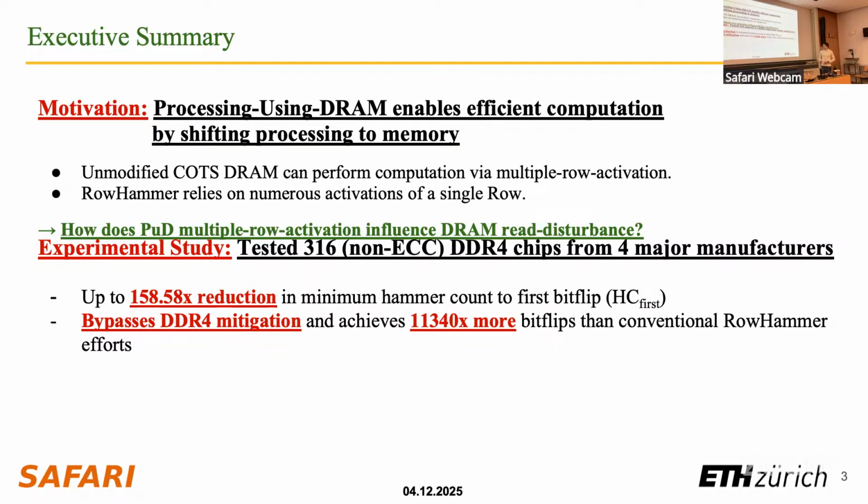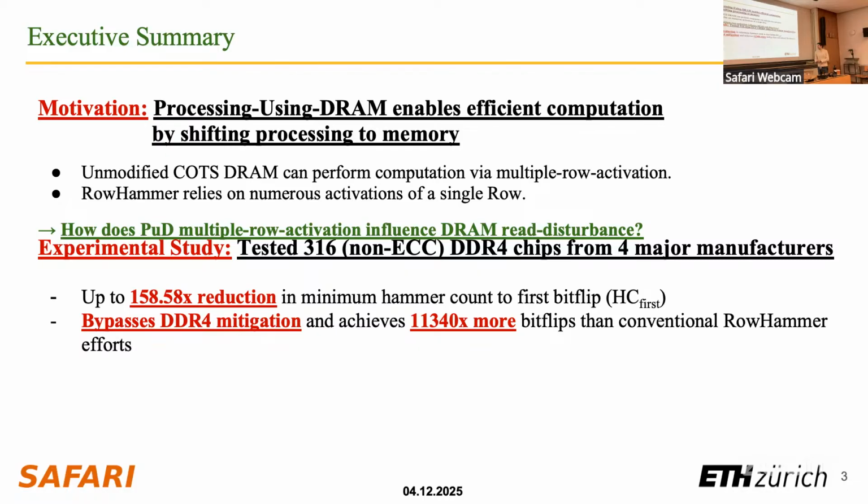Okay, so they also found that it bypasses the current DDR4 mitigation, that would be TRR. TRR is not standardized, so all the manufacturers could have different implementations of TRR, but you'll see for which one it was effective later. And they have achieved 11,000 times more bit flips than conventional RowHammer efforts.